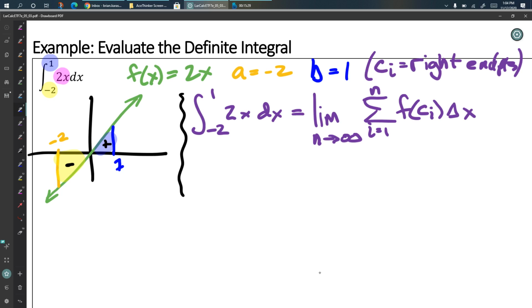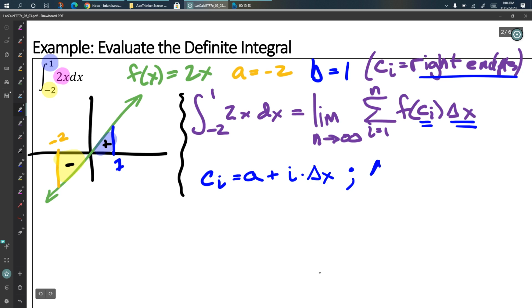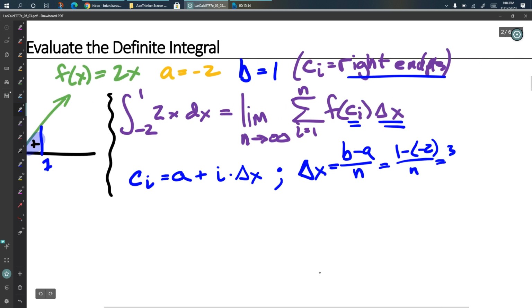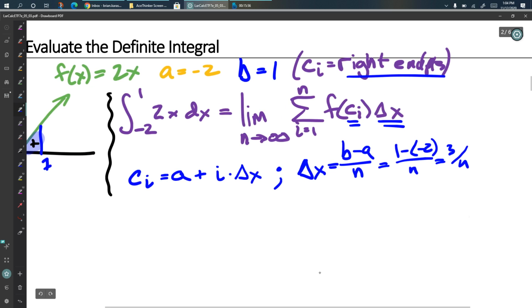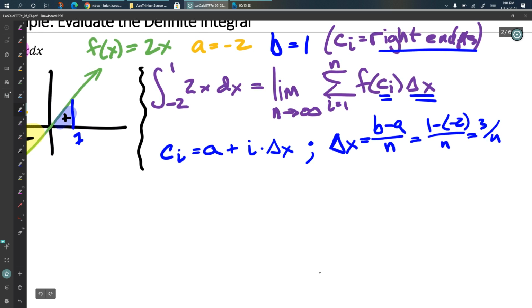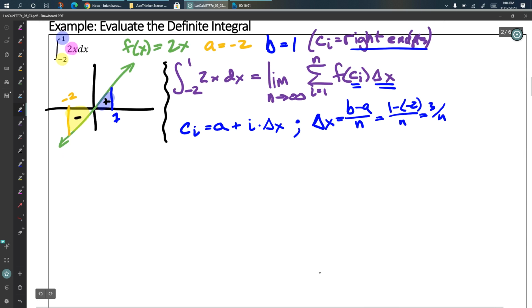I need to know this and this. So my c sub i, since I'm using right endpoints, the formula is a plus i times delta x, where delta x is b minus a divided by n, or 1 minus a negative 2 divided by n, which is 3 over n. Okay.